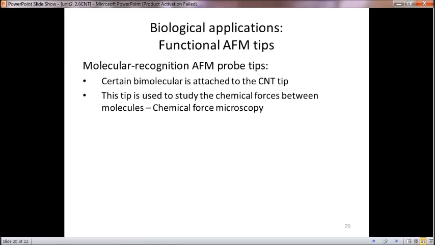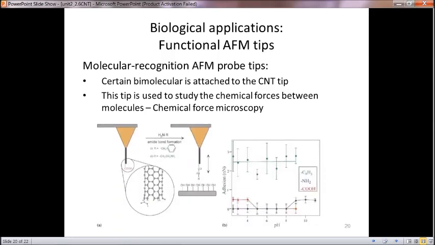As given over here, the CNT has been connected at the probe tip, and it is allowed for amide bond formation. As these are highly reactive, they can react with the chemicals that have been sent, and it gives adhesiveness to them. So it's given over here.